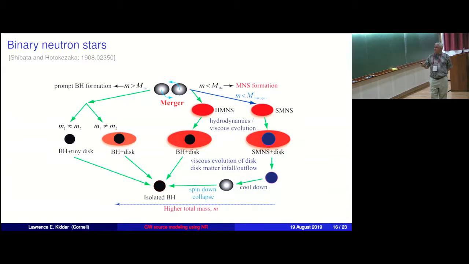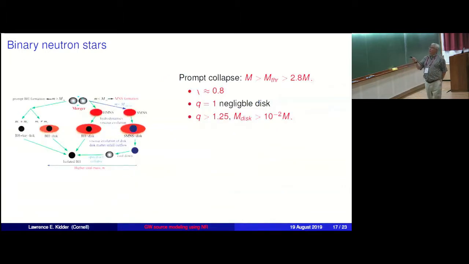By various hydrodynamic and viscous processes, you get the formation of disks, and the hypermassive neutron star will collapse on a shorter time scale than over here. For the prompt collapse cases, these will happen when the mass is larger than some threshold mass, which we don't know yet because it depends upon the unknown equation of state, but it's probably at least 2.8 solar masses for the total mass.